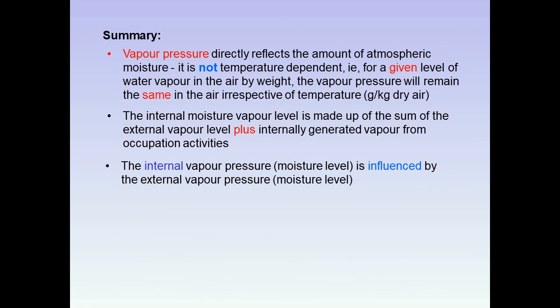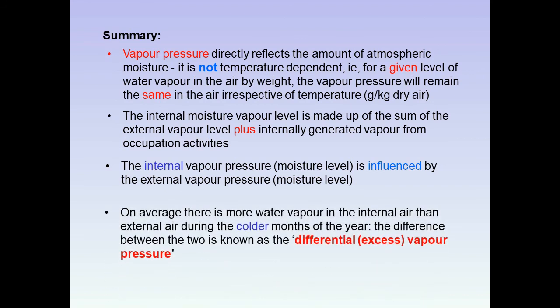The internal vapour pressure is influenced by the external vapour pressure, and on average there is more water vapour in the internal air than external air during the colder months of the year. The difference between the two is known as the differential or excess vapour pressure.